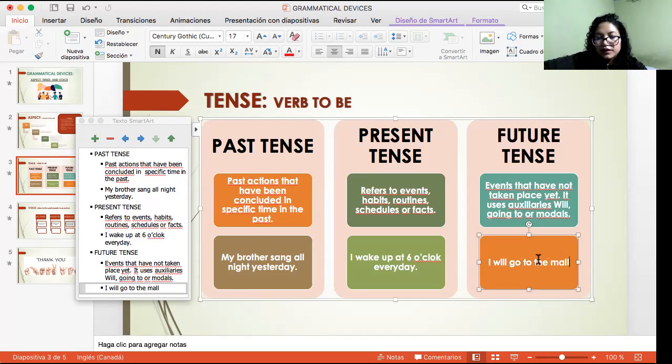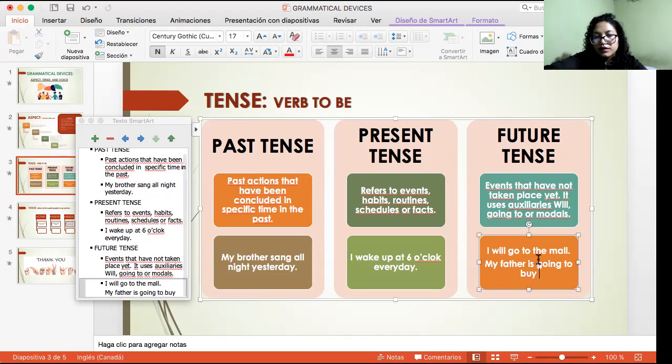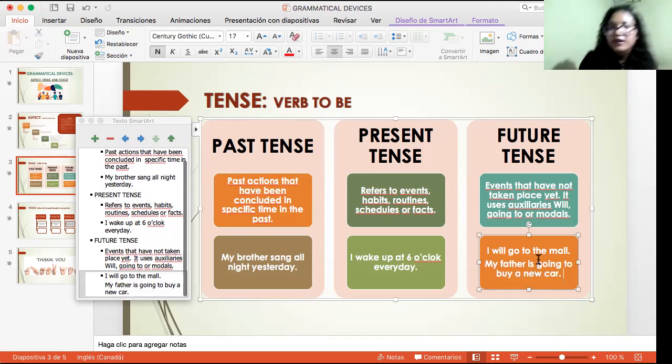Another example can be with going to: My father is going to buy a new car, for example. So those are actions that will happen in the future.